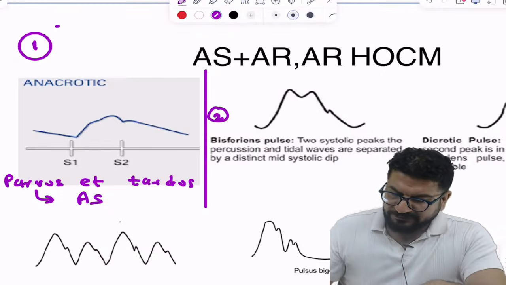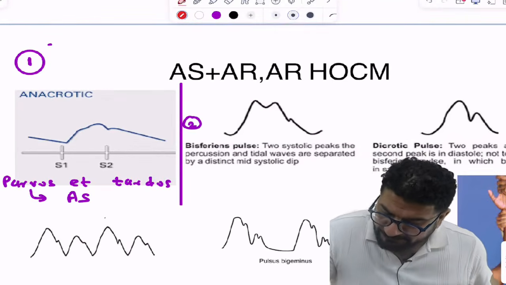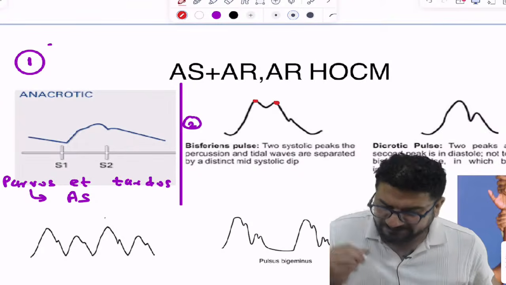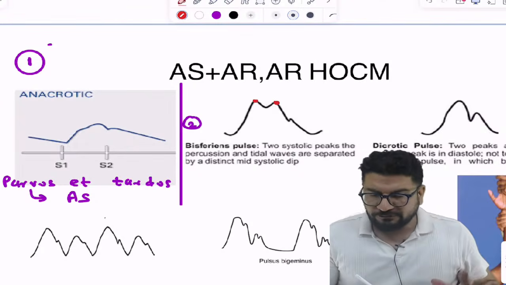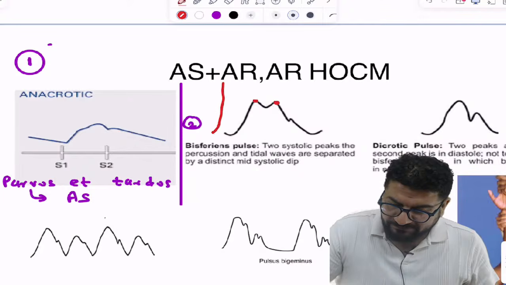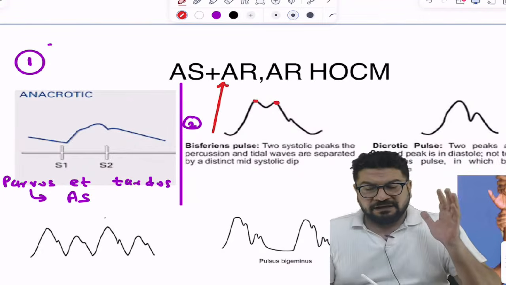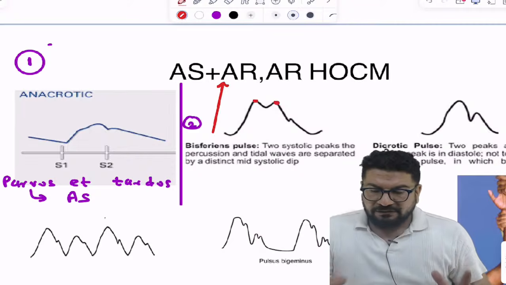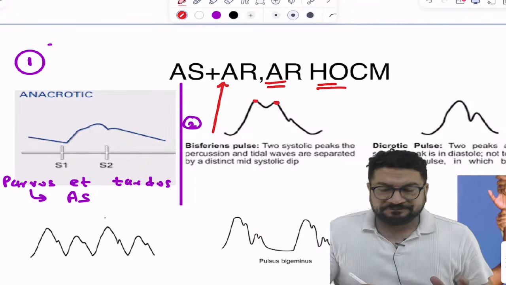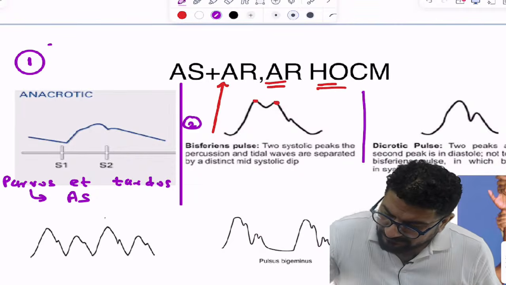The second type of pulse is called bisferiens. Bisferiens means you will see two peaks, and both peaks are coming in systole. You will see bisferiens in a patient with severe AR, AR and AS together, and a patient of HOCM. The third pulse is called dicrotic pulse.